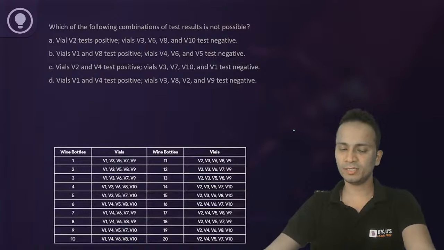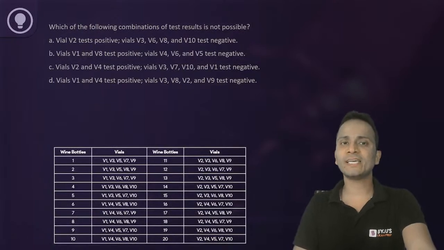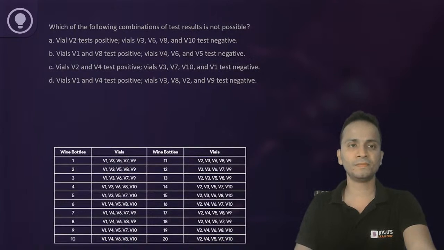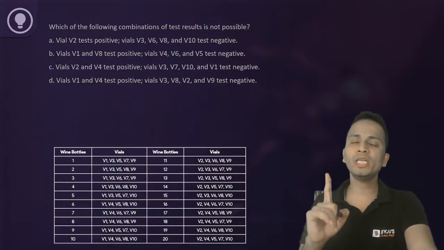Come on, come on. Any answer for this one? Which of the following combinations of test results is not possible? Please consider that there is poison only in one bottle.